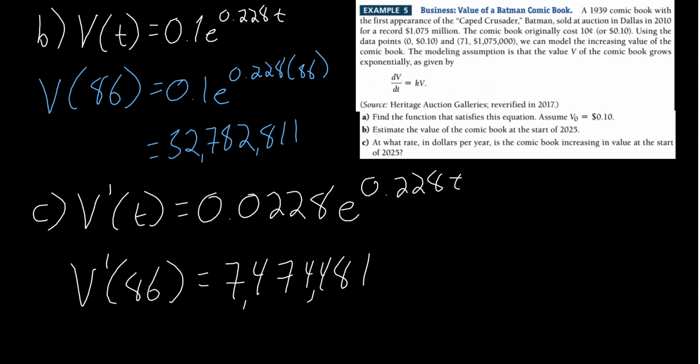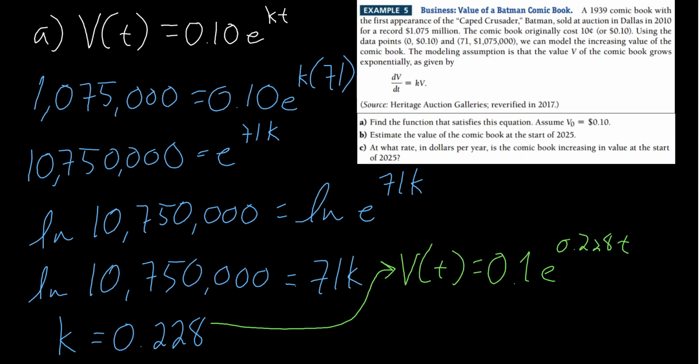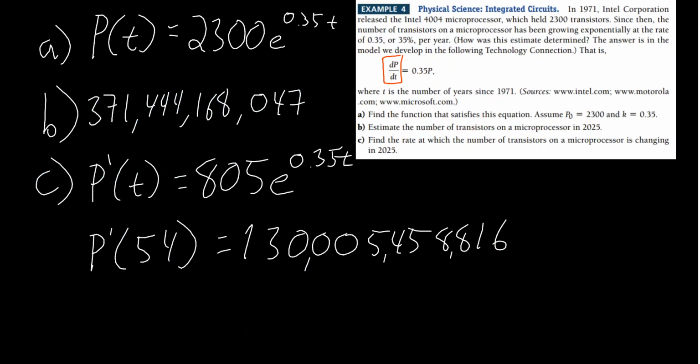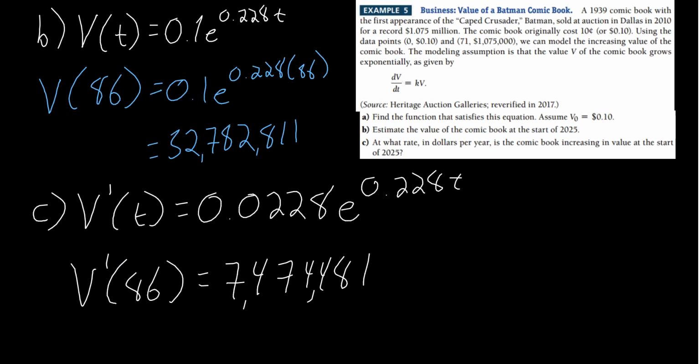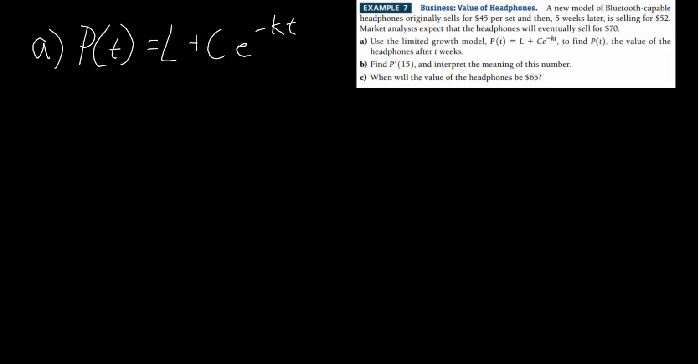So we were given the constant, the C, but we weren't given the k. In this case, we're given the initial value and the k. And for this one, we had to find the k. And for this last example, we are tasked with finding both the constant and the k.